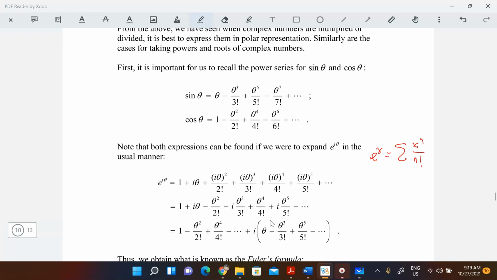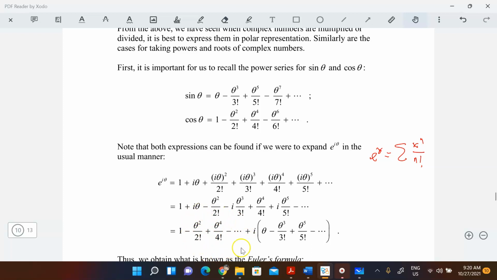Now if I include i over here, then you will have i to the n. In other words, your i's will start to flip signs, and then you get your plus, minus, minus, plus.